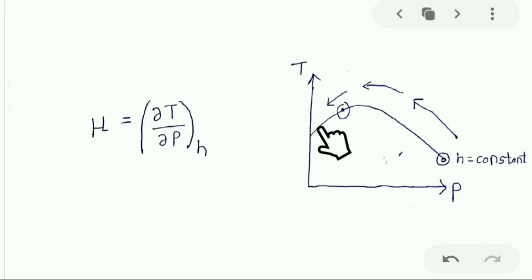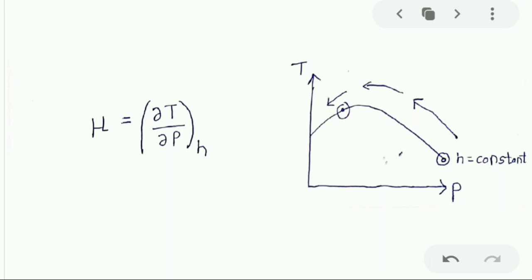Both are decreasing in the same direction. That means the Joule Thomson coefficient is greater than 0, right? This is going to help you to remember. With decreasing pressure, if temperature is decreasing, then mu is greater than 0. But if pressure decreases and temperature increases, then the Joule Thomson coefficient is less than 0.